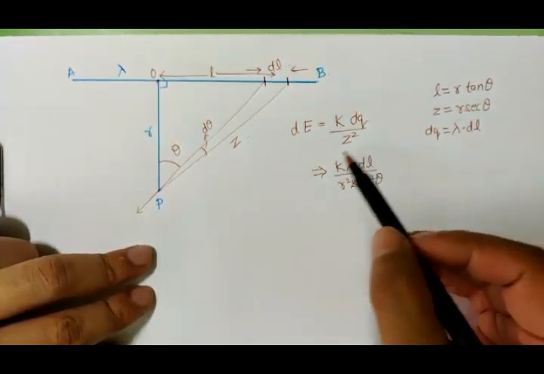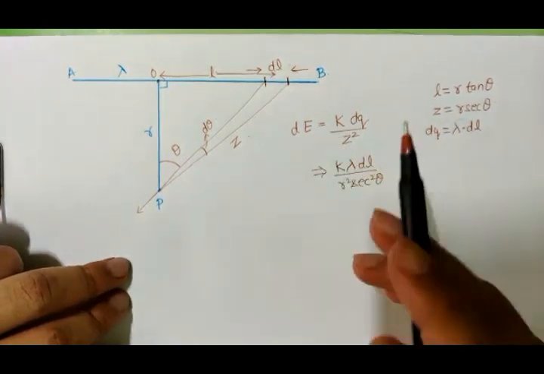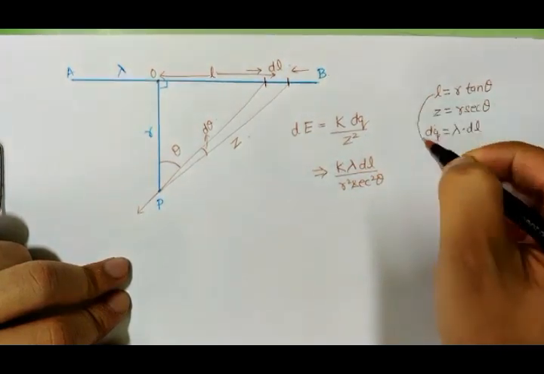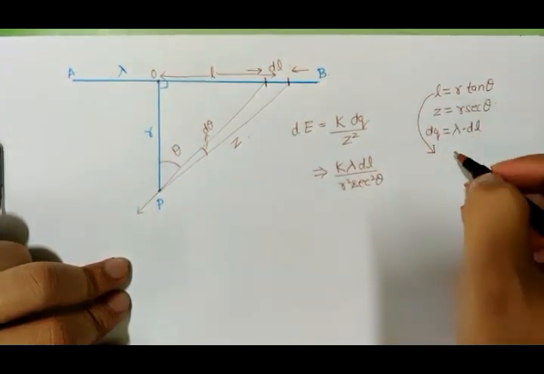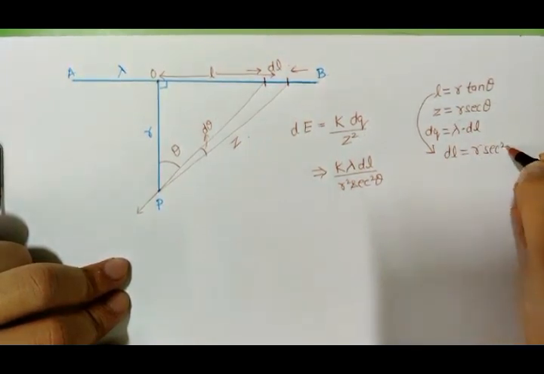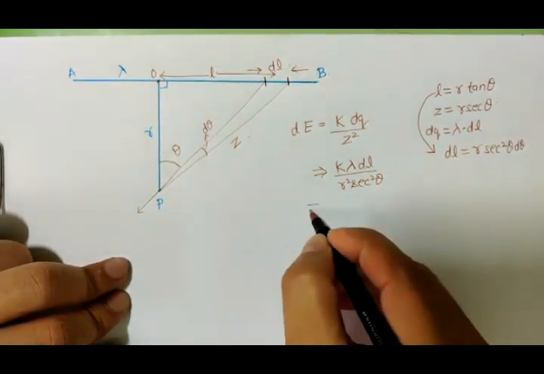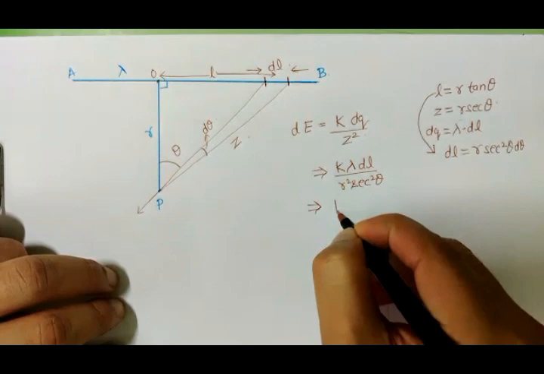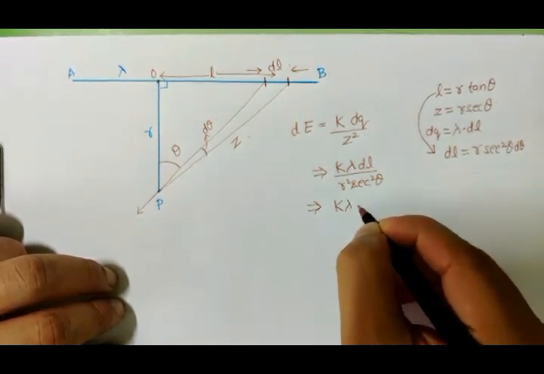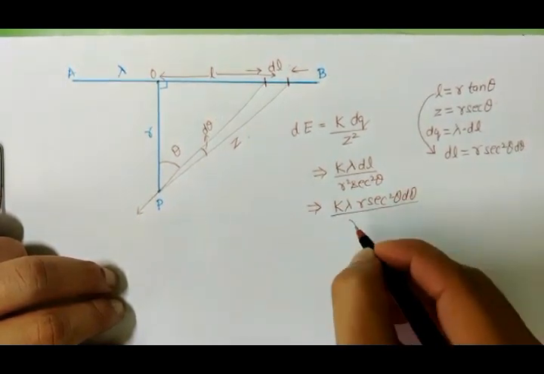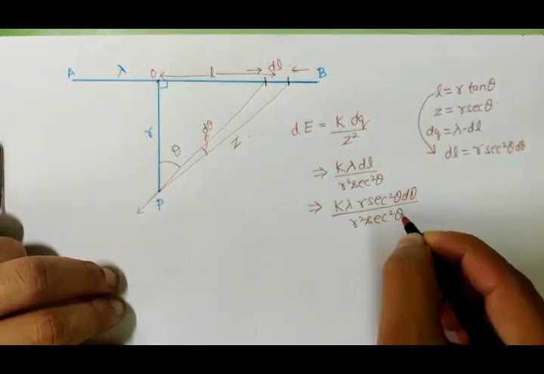Now I want to write down this expression only in terms of theta. Theta should be the only variable. So I'll replace the value of dl, but for that I have to differentiate this relation. So differential of L is dl, and this will be r sec square theta d theta. Again, replacing that value, I'll be left with k lambda r sec square theta d theta divided by r square sec square theta.